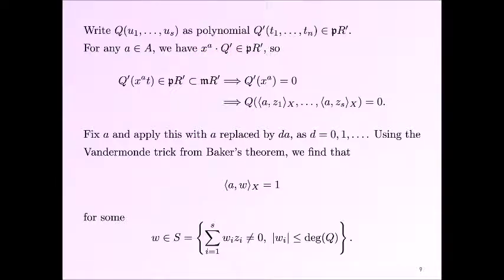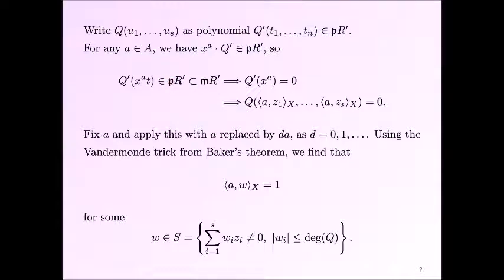Now by definition, remember x to the a stabilizes p. That was what capital A was. It was the stabilizer of the prime ideal p. And q prime is in p, so that means x to the a q prime is in p. And p is contained in this maximal ideal m.